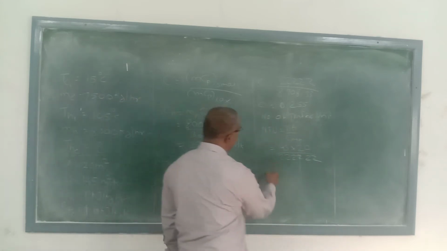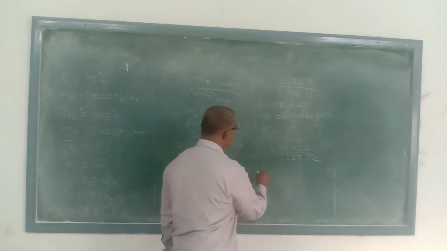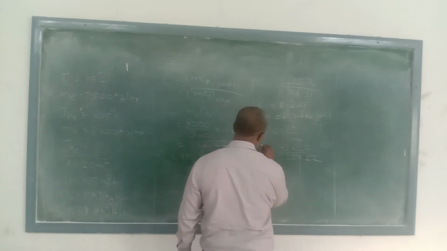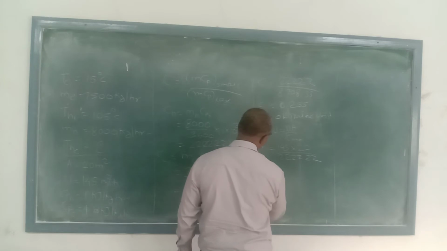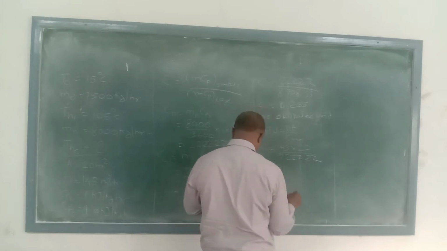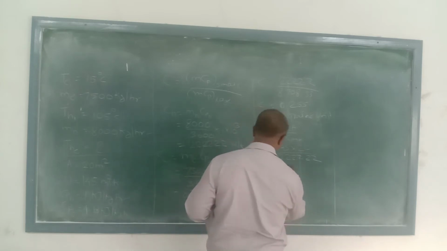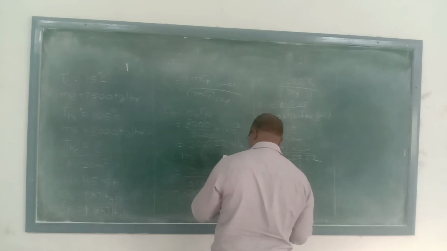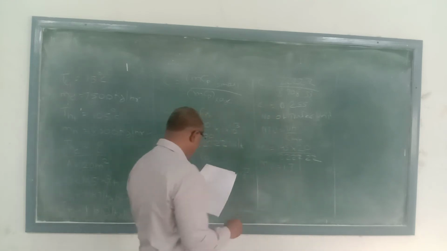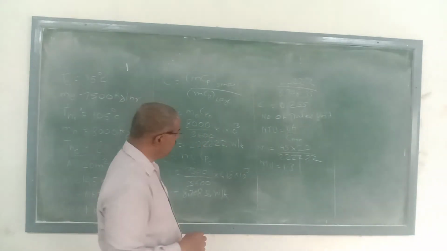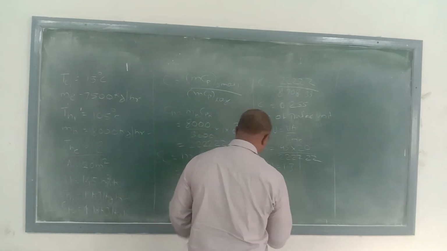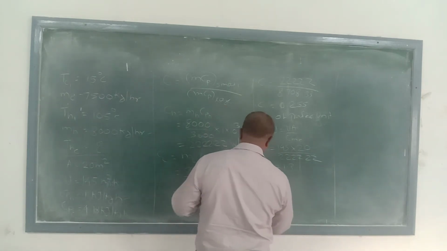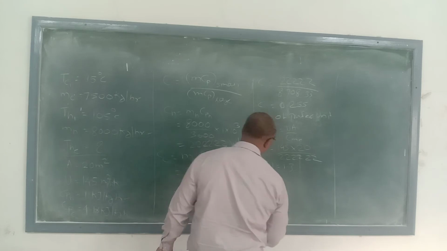So we have substituted the values and after solving on calculator we are getting the number of transfer units is 1.3. And once you get the NTU, you can easily calculate the effectiveness of heat exchanger.